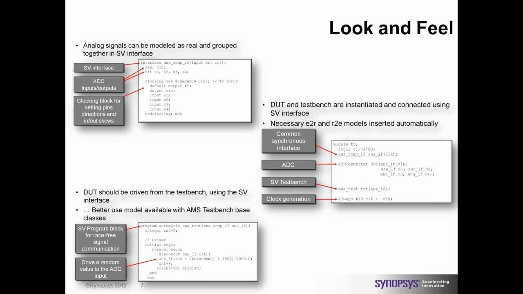So that's another idea. The testbench top also looks pretty much like a digital testbench, where the analog or SPICE component is instantiated as is, and the SystemVerilog testbench is also there. The interface is used to bind the two together. One point to remember is that the analog component, the SPICE DUT instantiated over here, definitely calls for a co-simulation.